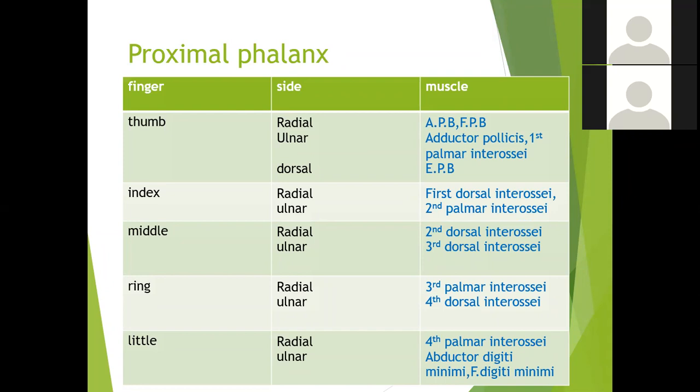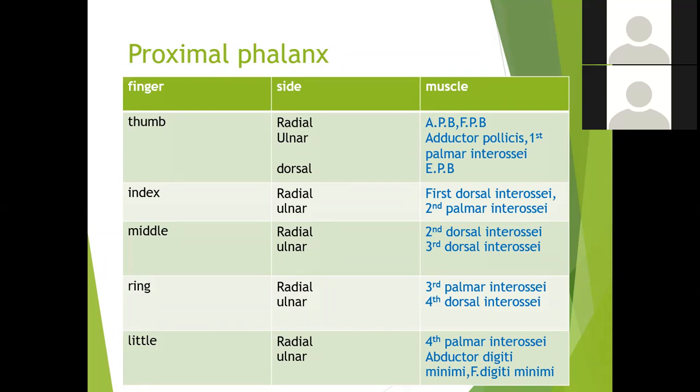And next we are coming to the index finger. In the index finger proximal phalanx, muscles are inserted on two sides. On the radial side, first dorsal interosseous is inserted. On the ulnar side, second palmar interosseous is inserted. Now we are coming to the middle finger.